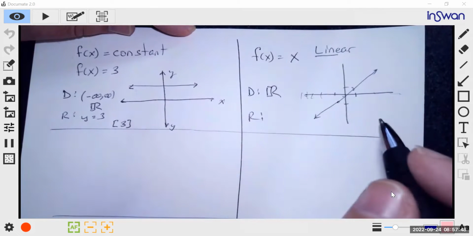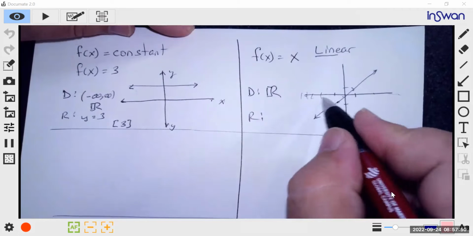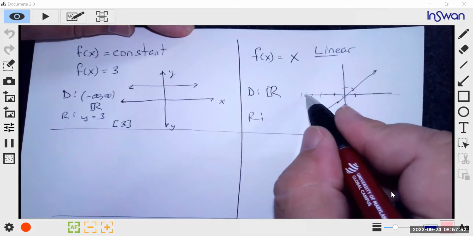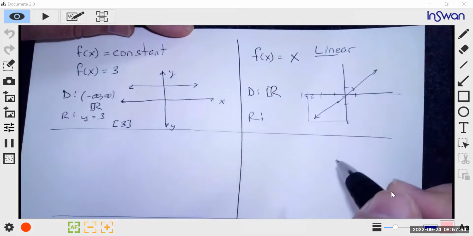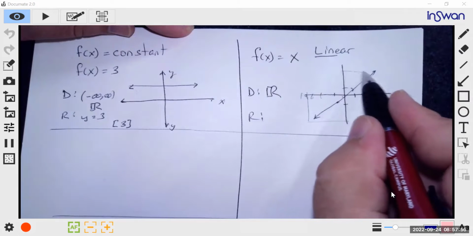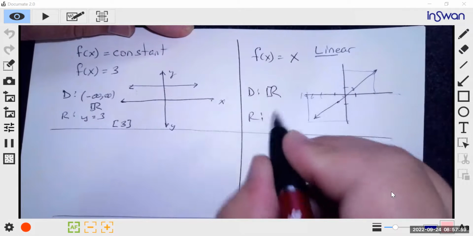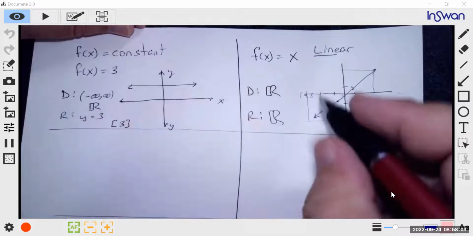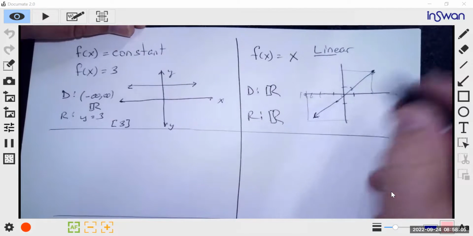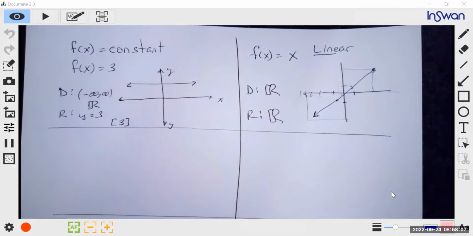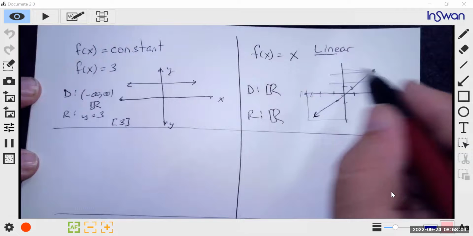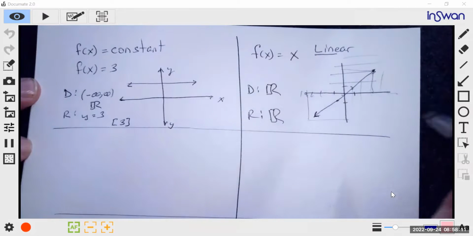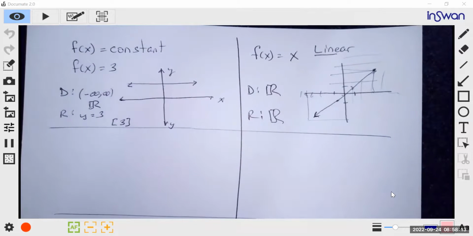It changes, so think of it this way. If I use negative infinity here, it's going to go to negative infinity. If I use positive 100, it's going to be 100. So it's going to be the same thing. Because this arrow and this line tells you it goes on forever and ever. It matches all the y values, it matches all the x values, so it goes on forever. So it's all real numbers.